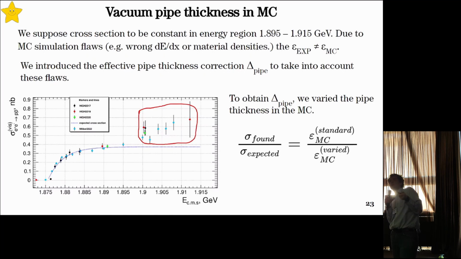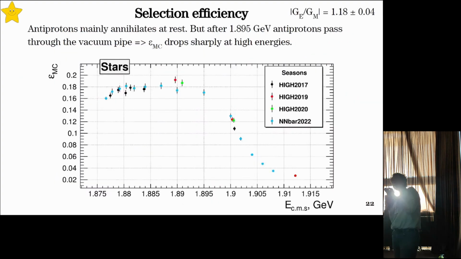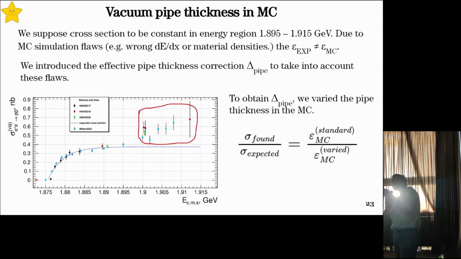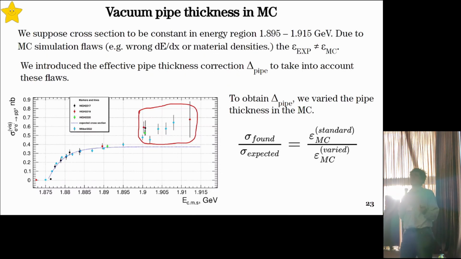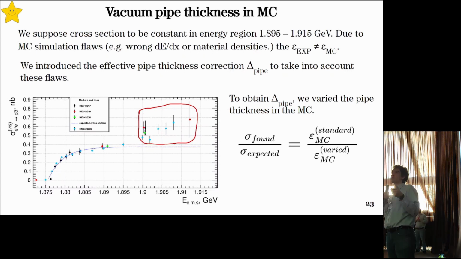Here you can see visible cross-section versus energy, and energy points that correspond to this region have excess cross-section that is connected with flaws of the simulation, flaws of the GEANT package. We don't know exactly what it is. Maybe wrong dE/dx, maybe wrong material densities, maybe wrong model, wrong annihilation cross-section at rest and in flight.